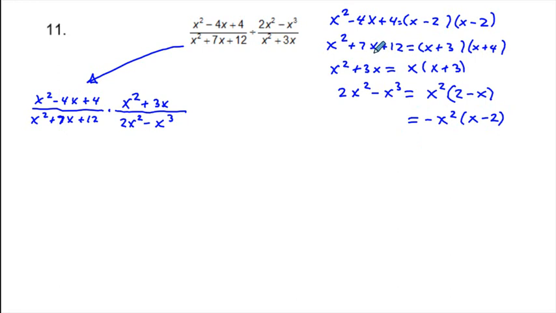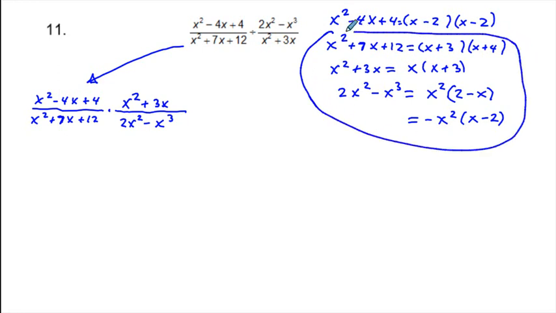And so our excluded values come from these things right here. So let's work on those first. Okay, we have x cannot equal negative 3 or negative 4 or 0.